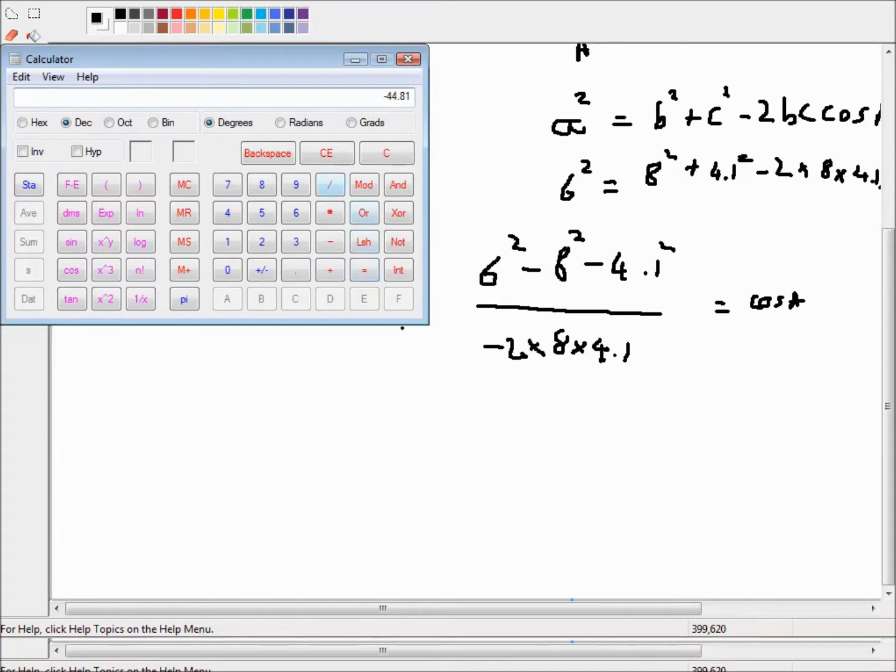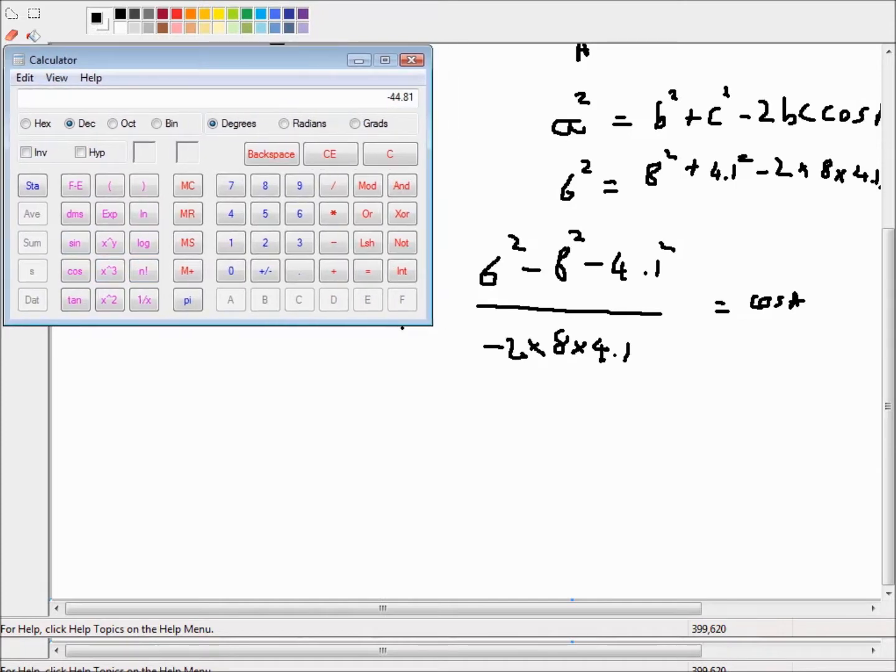And then I've got to divide by, open brackets, negative 2 times 8 times 4.1, and that's negative 65.6, and that's equal to 0.683079 whatever.